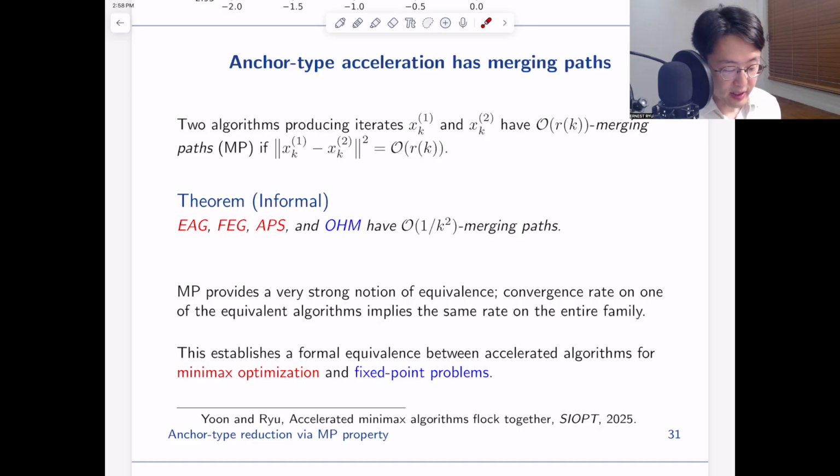EAG, FEG, APS are minimax optimization algorithms, and what we've shown is that these algorithms are equivalent in the sense of merging paths to OHM, which is an algorithm for a fixed point problem. So to me, this gives an understanding that although these two problem classes, minimax optimization and fixed point problems, are different, they're of course related, but their optimal accelerated algorithms are equivalent in this specific sense.